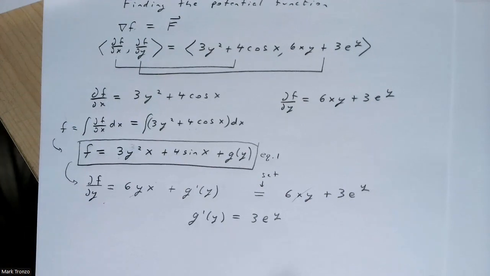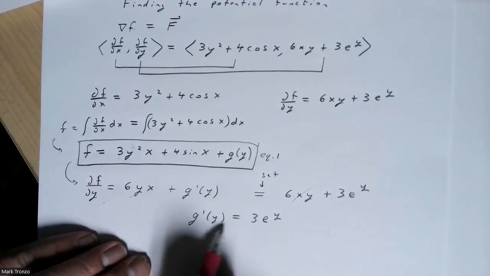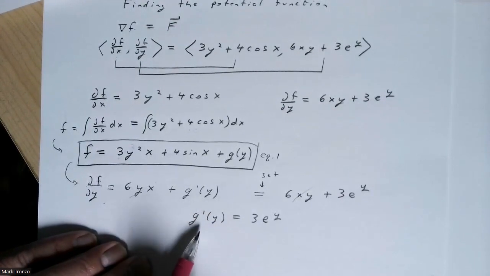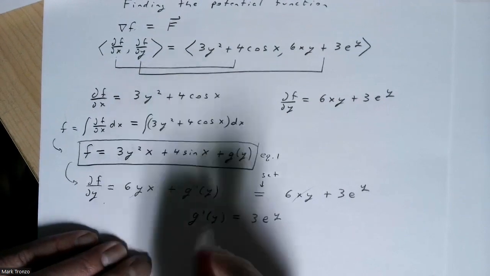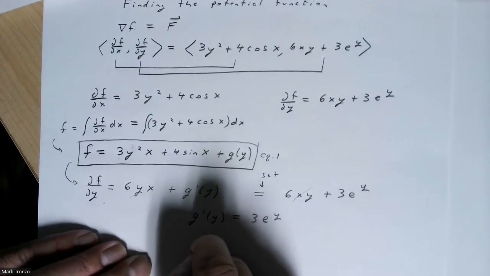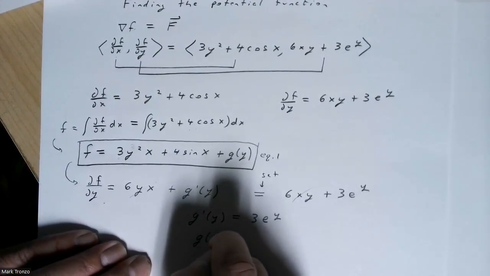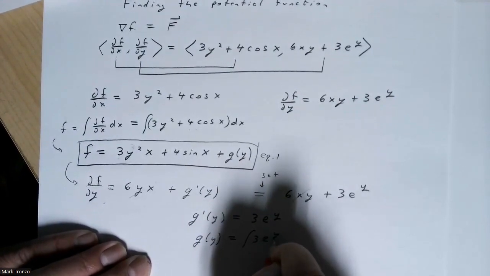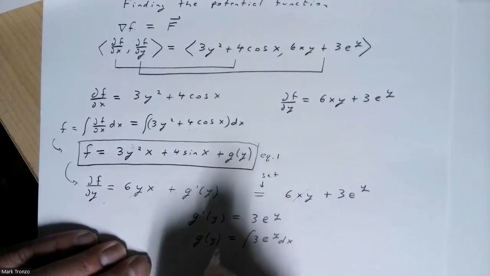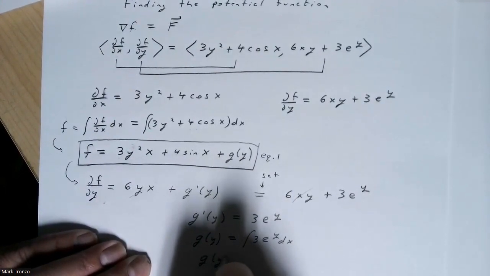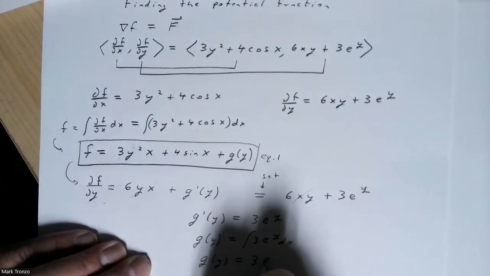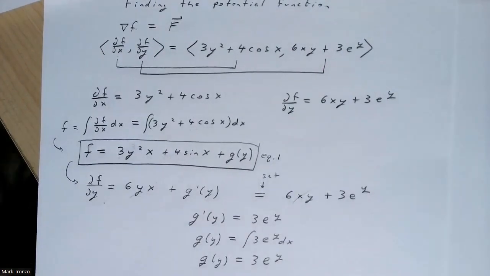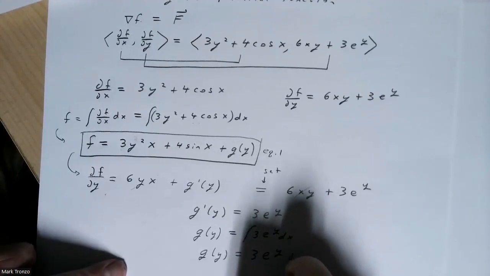And also we can say this is the derivative with respect to y. And so let's integrate this to find g. If we integrate both sides with respect to y, that'll give us g of y is 3e^y, like that. And then plus c.